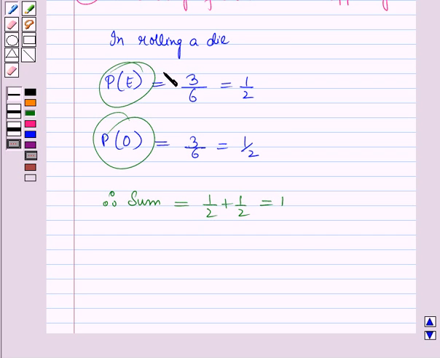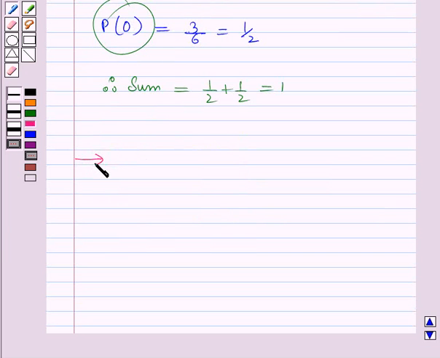That is, getting an even number and getting an odd number on the rolling of a die are two mutually exclusive events which cannot occur together. And we are getting the probability of getting an even number plus the probability of getting an odd number on rolling of a die is equal to unity.